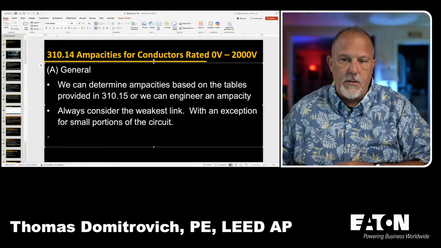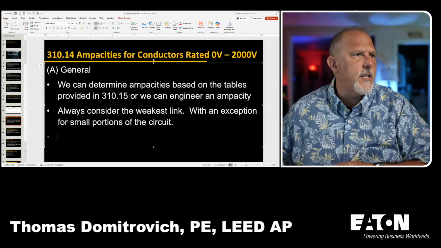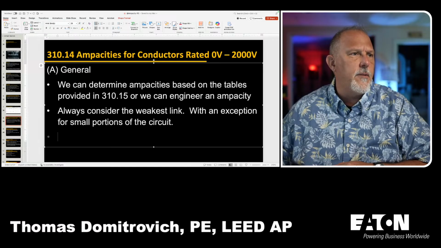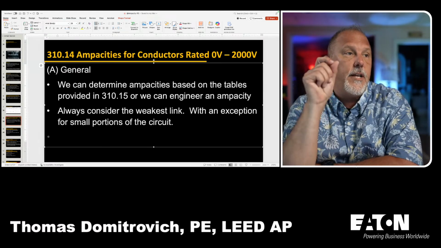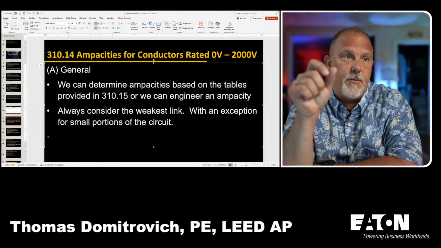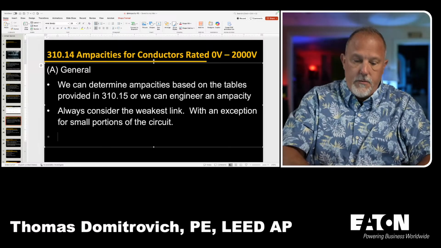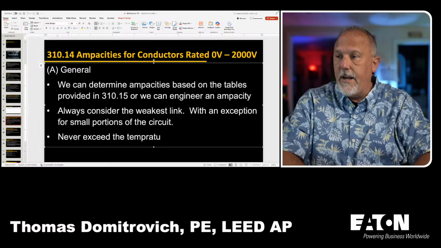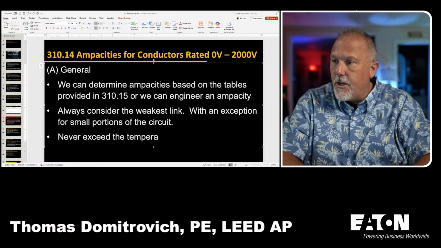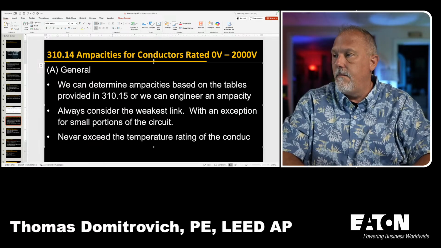A also tells us a general selection of ampacity, temperature limitations of conductors. No conductor can be used in such a manner that its operating temperature exceeds the insulation. So never exceed the temperature rating of the conductor.